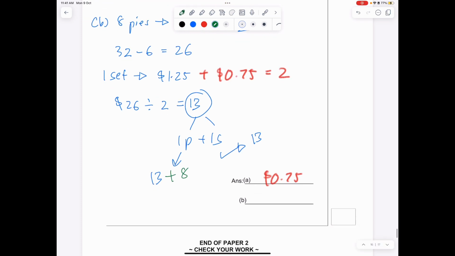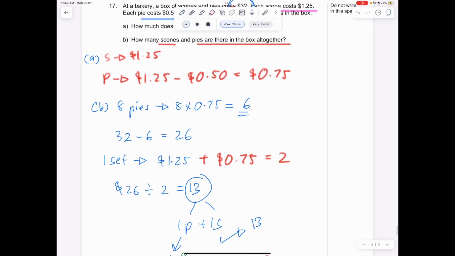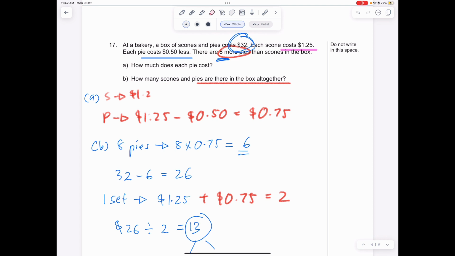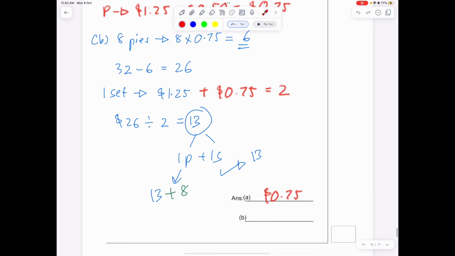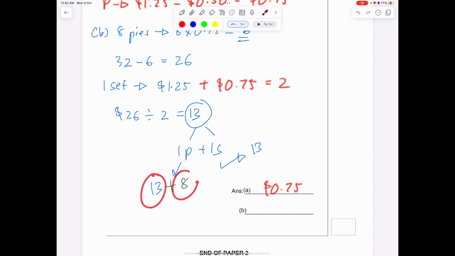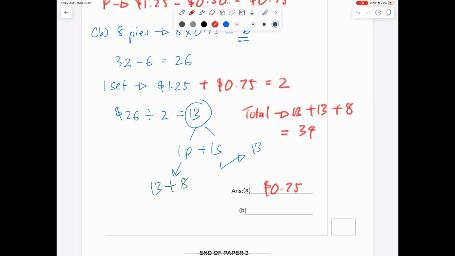So in total, I want to know how many scones and pies. I must take 13 plus 8 plus 13. So 13 pies plus another 8 pies that I minused, plus another 13 scones. So total would be 13 plus 13 plus 8. Your answer will be 34.